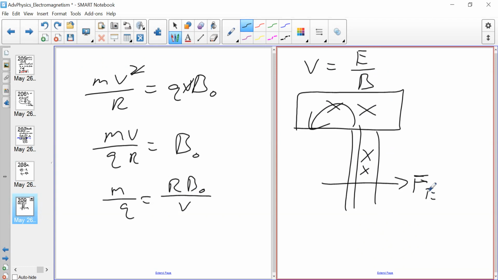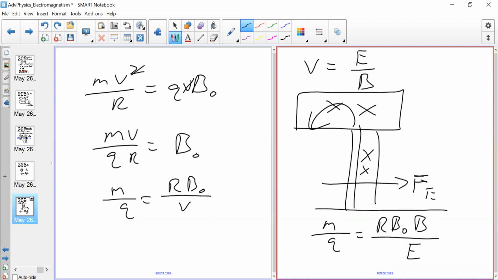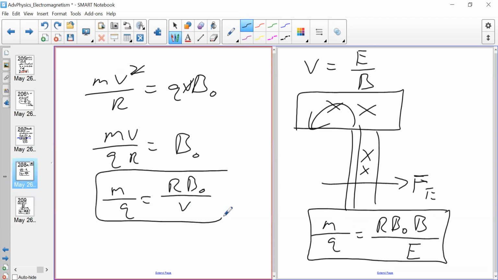Instead of m over q equals r B naught over v, we have m over q equals r B naught B over E, because it's 1 over v, so flip it over. So this is the mass charge ratio for both fields, and the earlier one is just for the magnetic field.